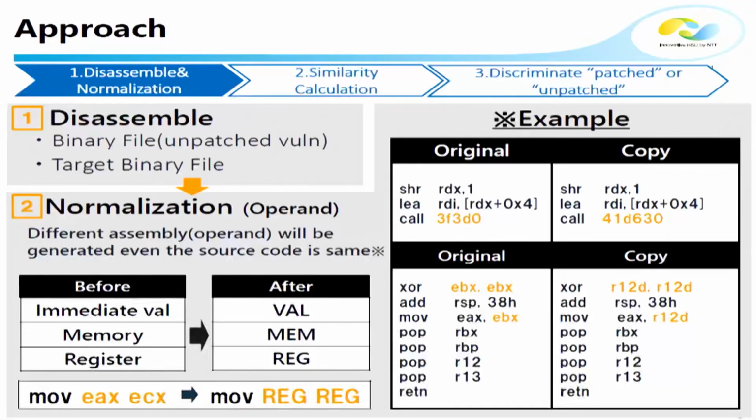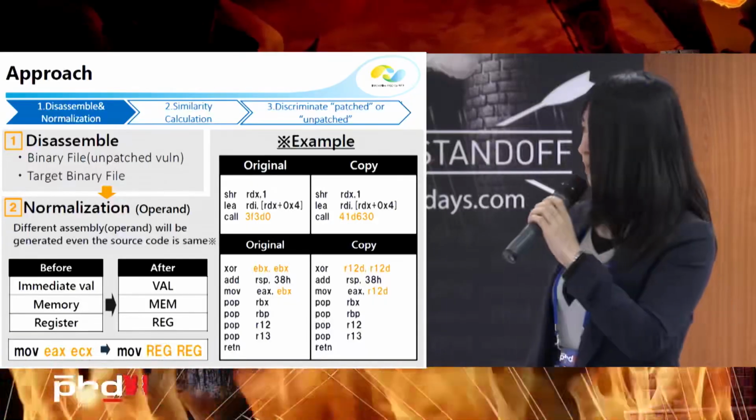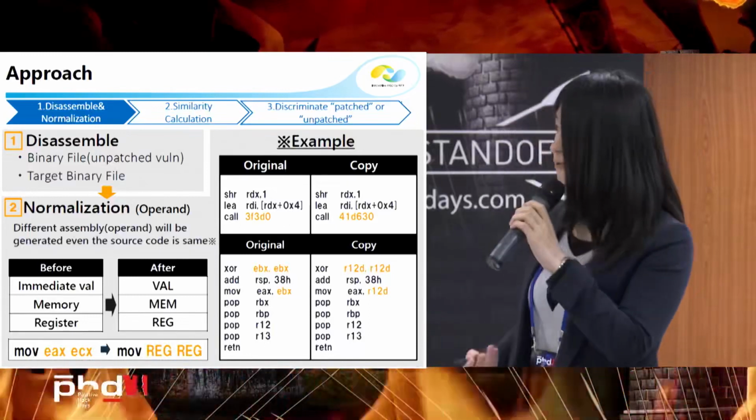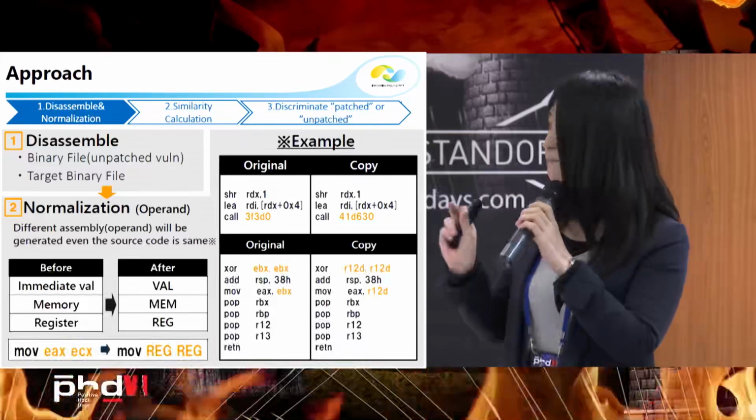For example, the memory address of the call instruction changed, and also the register changed in the original compared with the copied one. Therefore, in the normalization step, I normalize the operands, immediate values, memory, and registers to the strings val, mem, and reg.